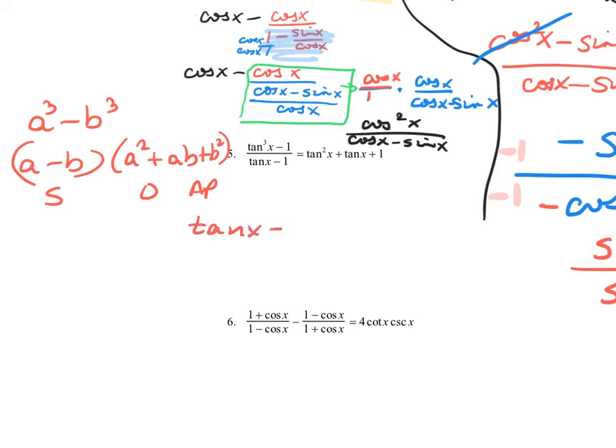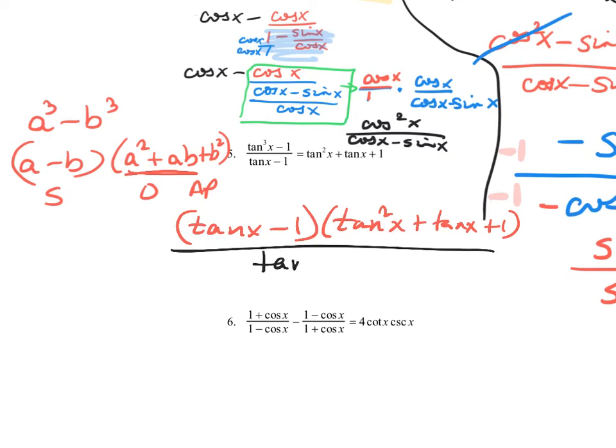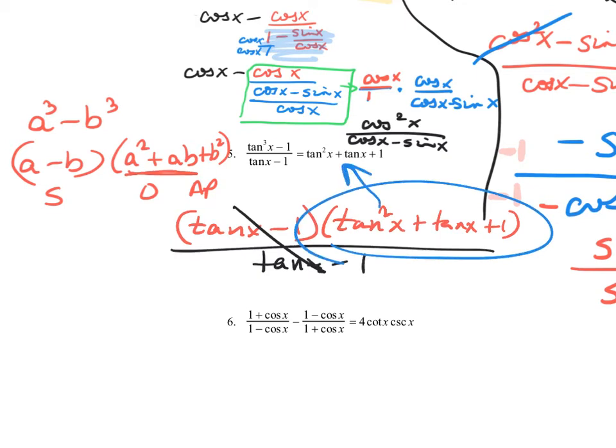Cube root 1 gives me 1. And then in here, this part of the pattern, tangent squared x plus tangent x plus 1. And it still has the original denominator, which is tan x minus 1. This cancels, and there's my answer of what I was trying to verify. So that one, all you needed to do was factor it.